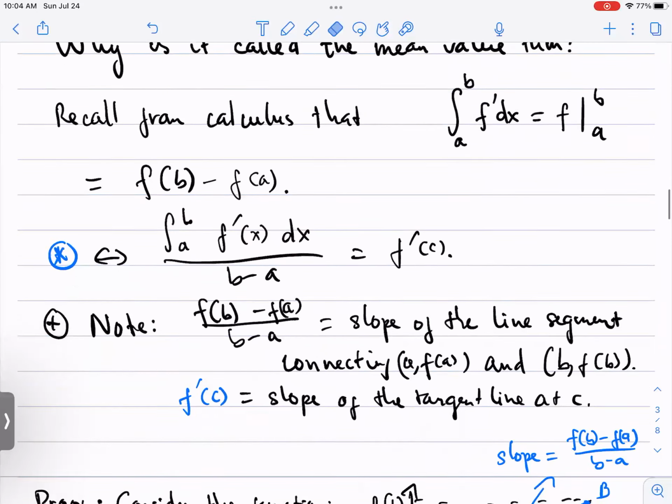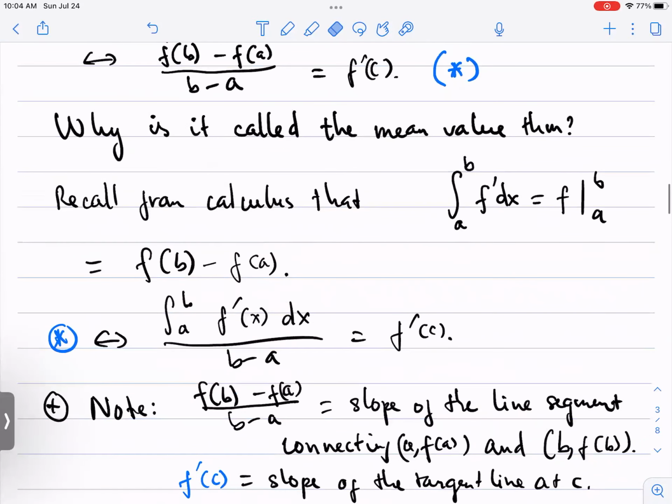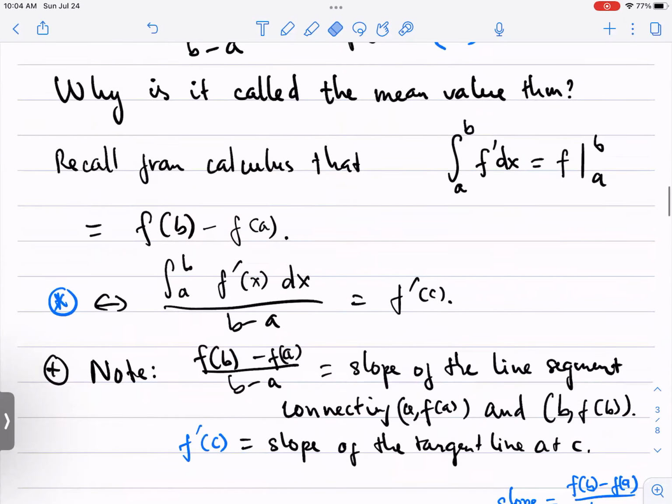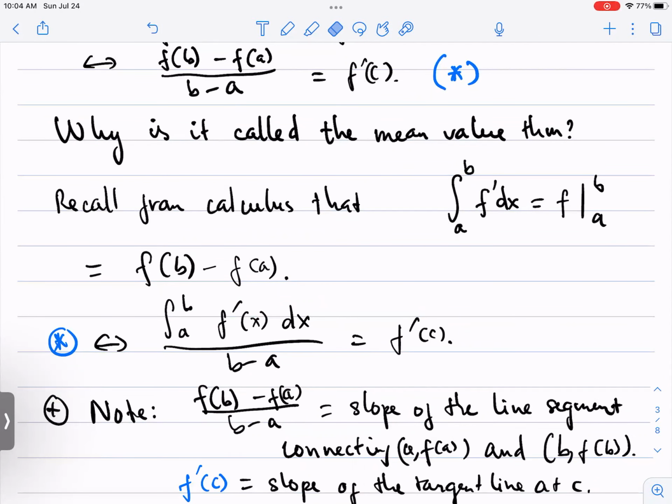So with this knowledge, we can rewrite equation star in the mean value theorem as follows. The numerator here is essentially the integration of the derivative of the function from a to b, and then we divide that by the length of this interval, b minus a.